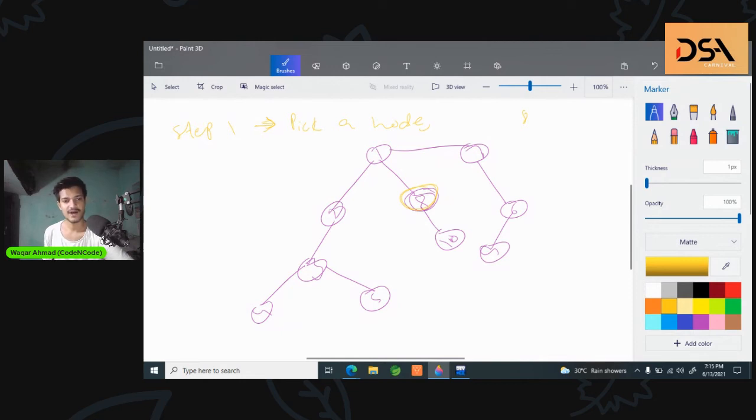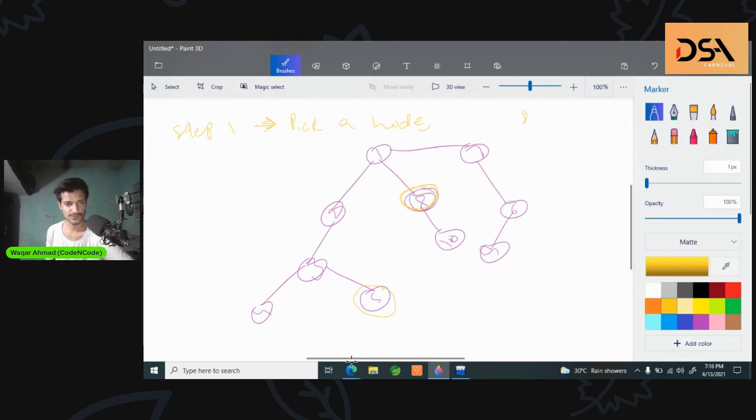From node 8, find out the farthest node from node 8. For example, this or this. Okay, one of these, right? So this is at distance 1, 2, 3, 4. This and this both are at distance 4, right? So you can choose any node. Suppose you picked this.